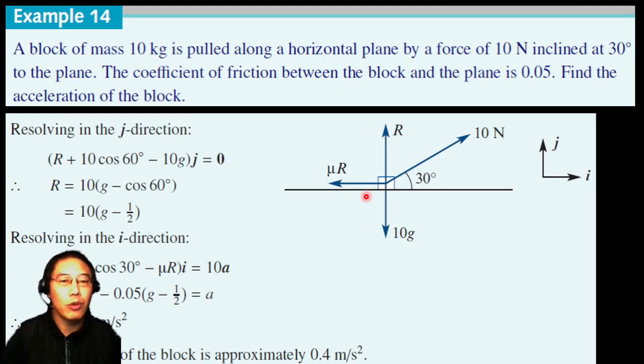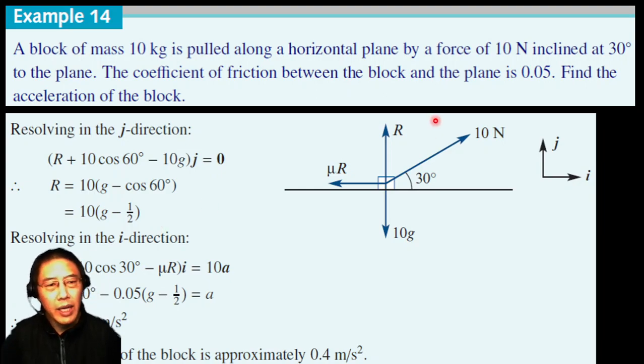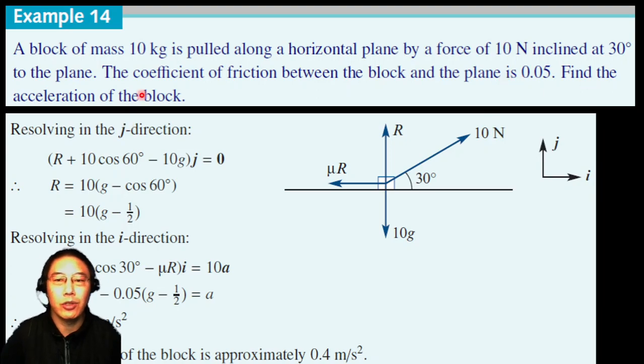So we have two unknowns, and when we do those two resolutions, we end up with two equations. You solve the two simultaneous equations and get the R value as well as the acceleration. As here we only need the acceleration, you will probably substitute the R value from one equation into the other.